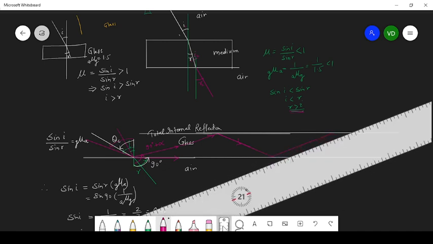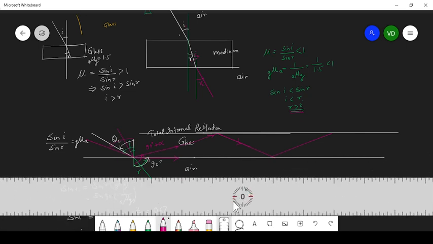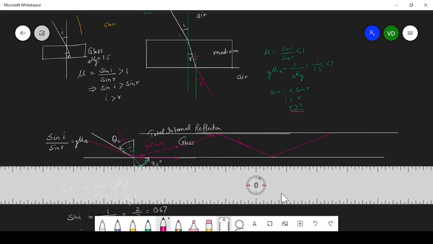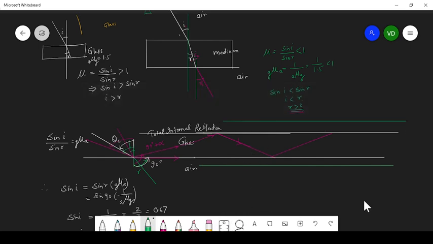So what we can do is, instead of air, let us consider there is another medium here, which is called clad. Let me use some different color. It is also made up of glass, but the refractive index of this clad is different than the inner medium, which is called core.